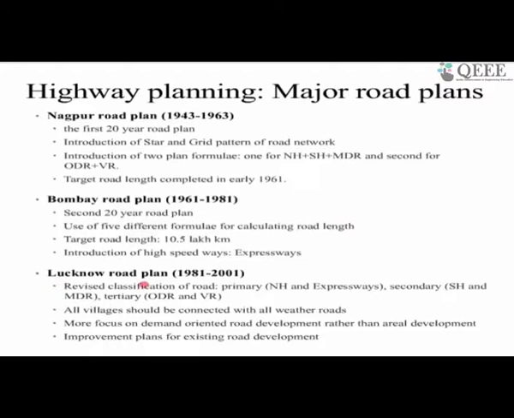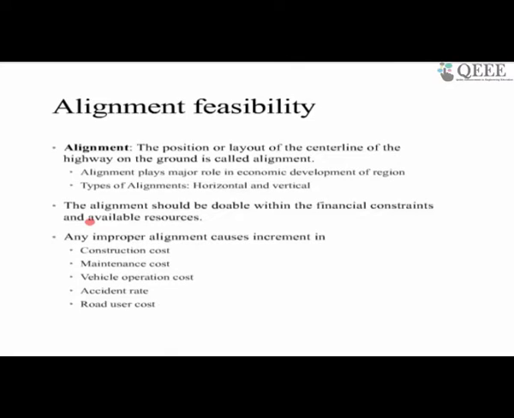Then came the Lucknow Road Plan, 1981 to 2001, followed by the Vision 2021 plan. In each of these 20-year plans, they set a target of where we want to go and what road density we want to create, and based on that come the road projects.